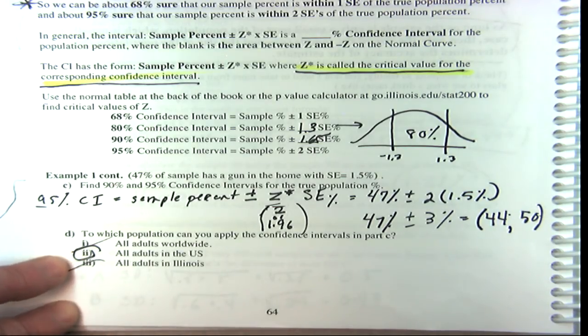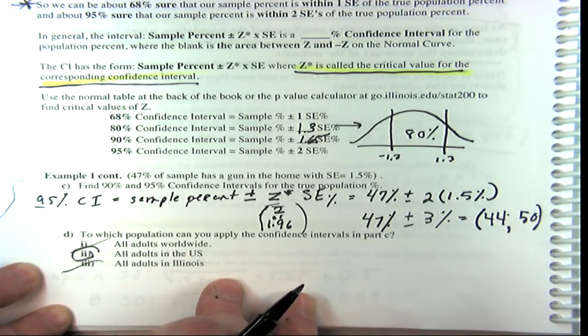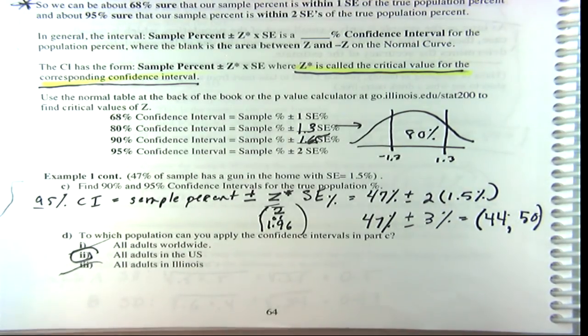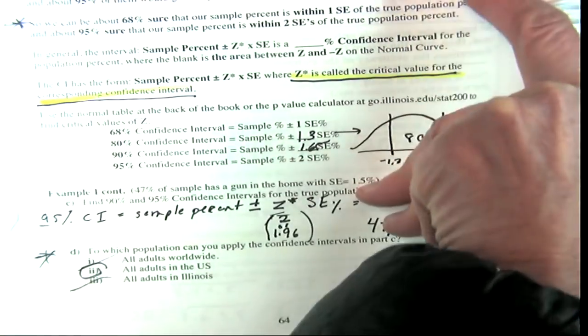Or college students, which will probably have a lower percentage, et cetera. Or certainly not some other population outside the U.S. Does that make sense to everybody? The confidence intervals can only be applied to the population that it came from, not to a wider population or a more restricted one. So that's important, and I think you're going to have homework questions like that too.